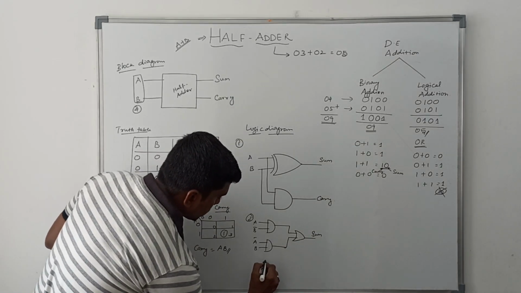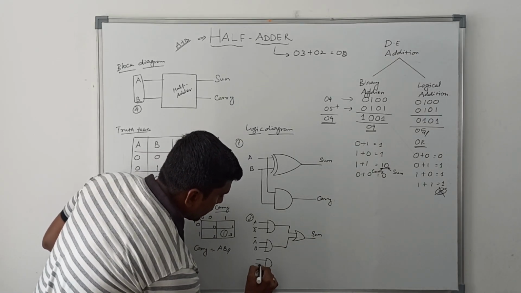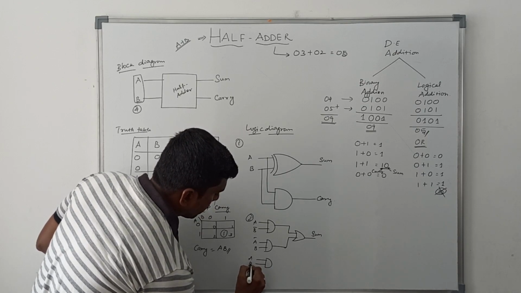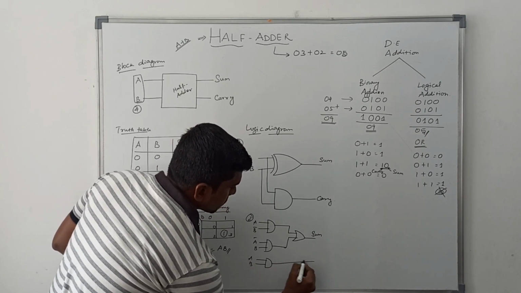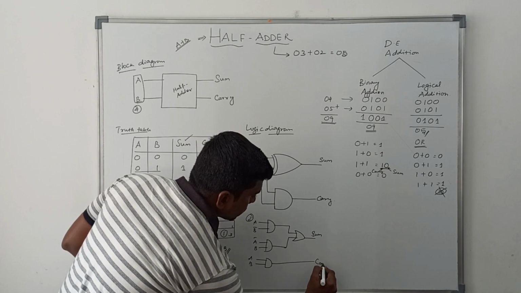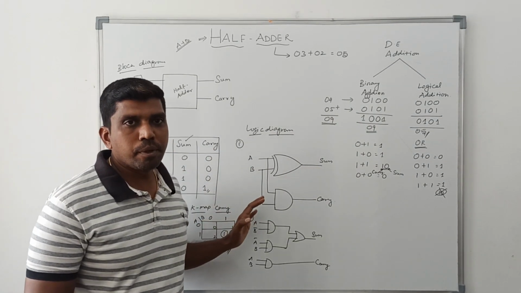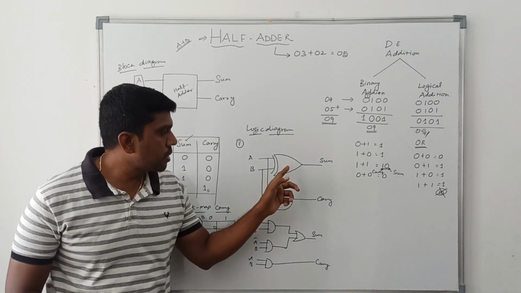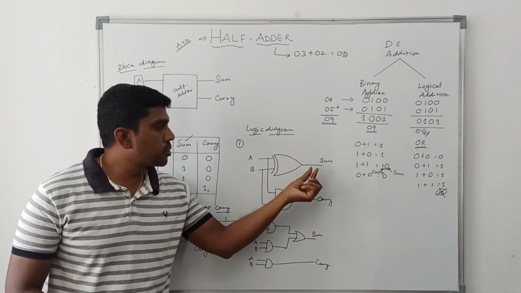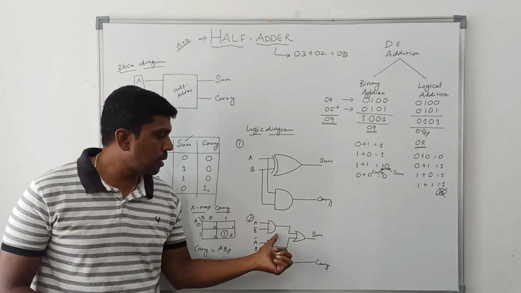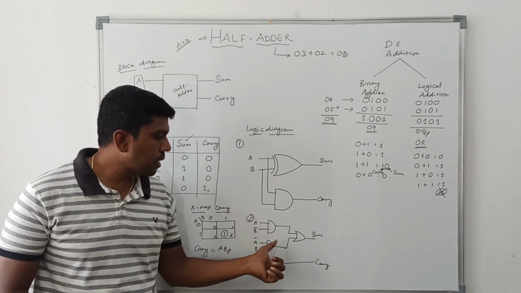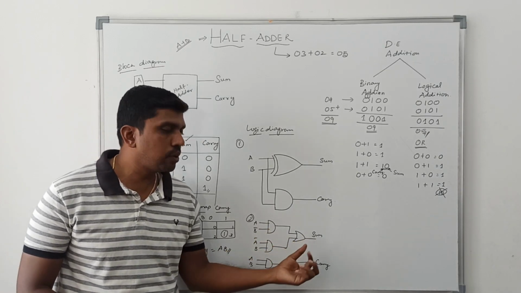Then carry using one more AND gate. Input is A B. The output of this AND gate is called carry. So we have two implementation diagrams. In the first implementation diagram, an XOR gate is used for sum. In the second implementation diagram, two AND gates plus one OR gate are used for sum.